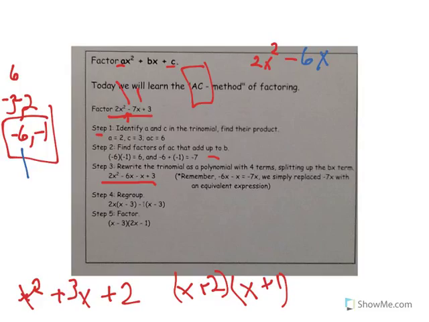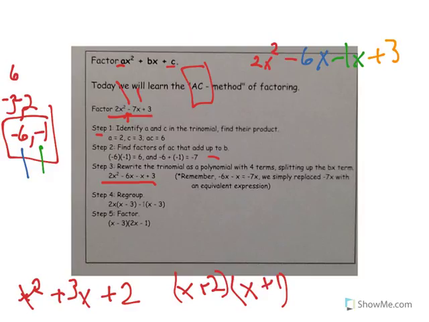Now I'm going to take this value here, negative 1, as I know that's what the two factors have to be for the AC method. So it's going to be minus 1x. Then I have that last part, which is plus 3 in the end.